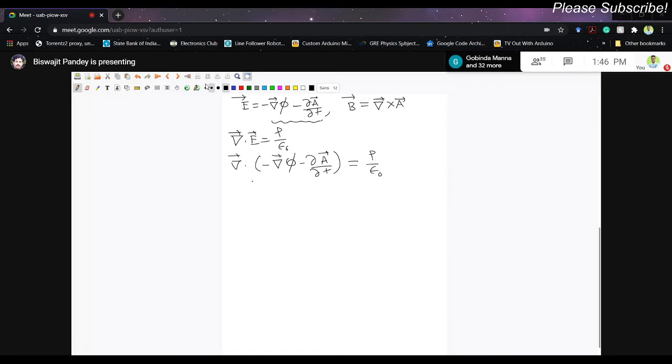That will give us Laplacian of the scalar function plus del T, I'm taking the minus sign on the other side, del T of divergence of A, equal to minus rho by epsilon naught. So this is one equation, right?